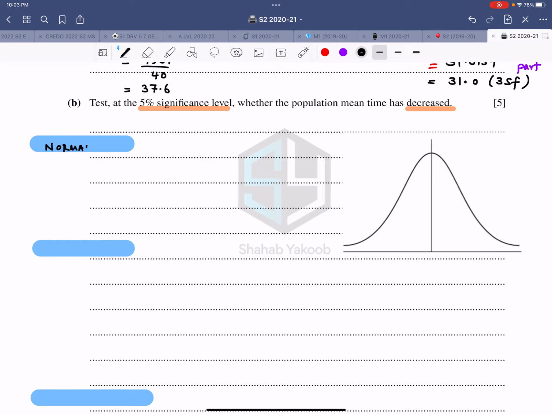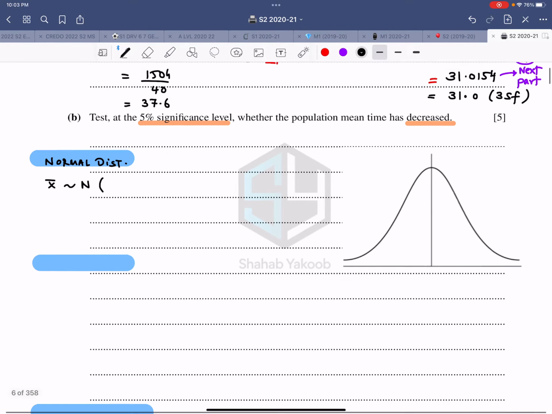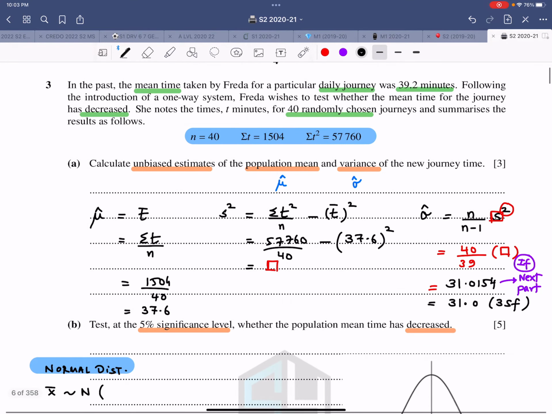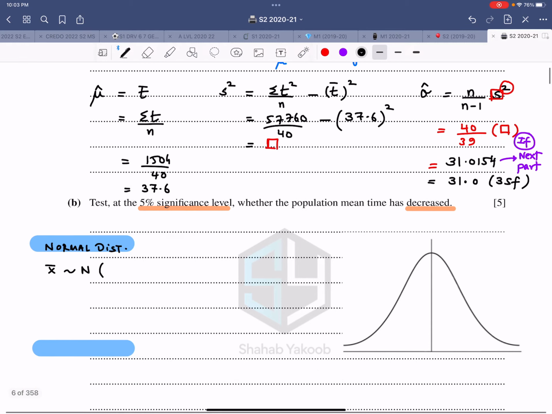That's the first thing. So therefore x bar follows a normal distribution. The mean that is happening in the past, that is 39.2. And since variance is not given, we would use the unbiased estimate, that is 31.0154 divided by 40.